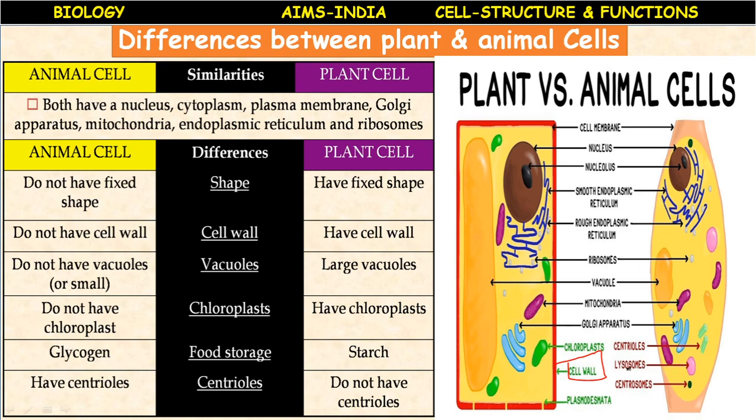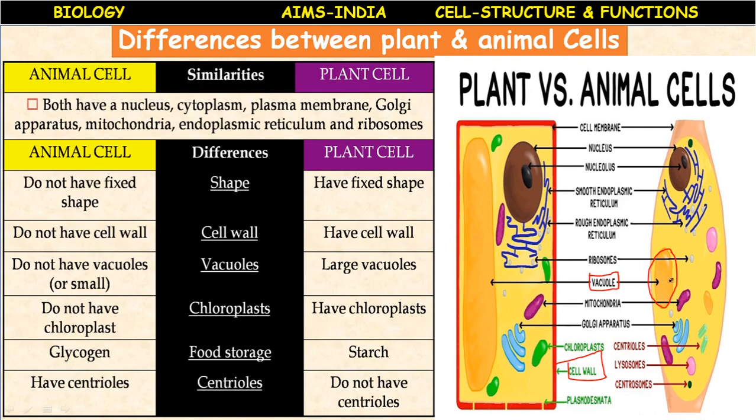Next, vacuoles. Vacuole is another important structure which is present in all plant cells, but in animal cells these vacuoles are absent. If present, it is in some unicellular organisms, for example amoeba or protozoans, amoeba, paramecium, euglena, which possess these vacuoles.